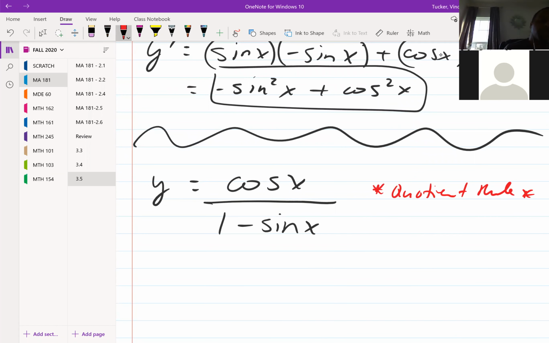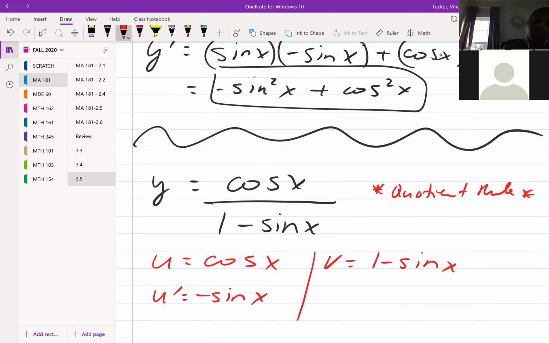First, we can establish u and its derivative. So u is cosine x. u prime is negative sine x. v is 1 minus sine x. v prime, don't forget the derivative of a constant is 0.